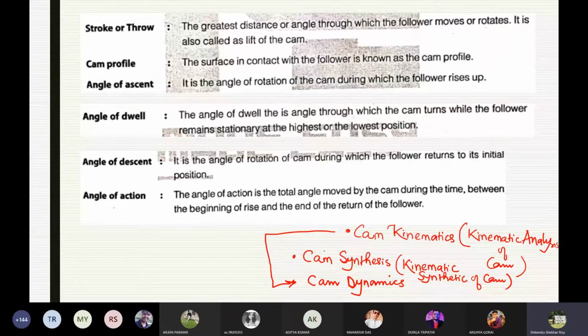But in this theory of machines paper you have these two, cam kinematics and cam synthesis. So we'll cover these two, and cam dynamics will be covered in your higher classes.